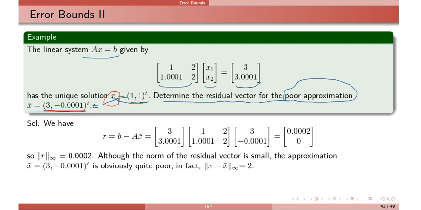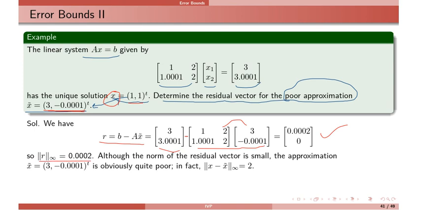So we calculate the residual. What is the residual? B minus A x bar. Just multiply A with this vector and then subtract. So this is R, and you can check that the norm of R is 0.002, the biggest entry.